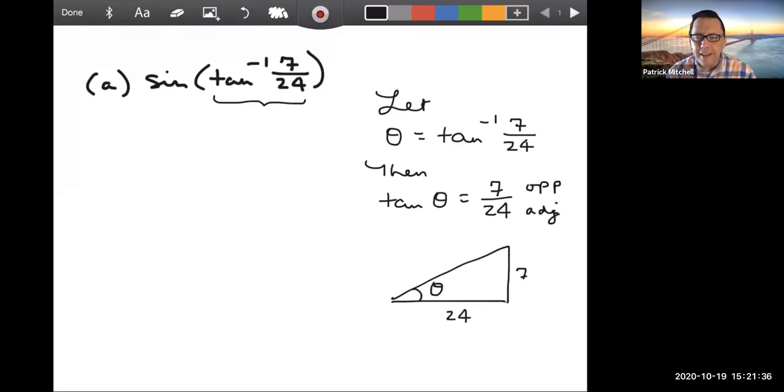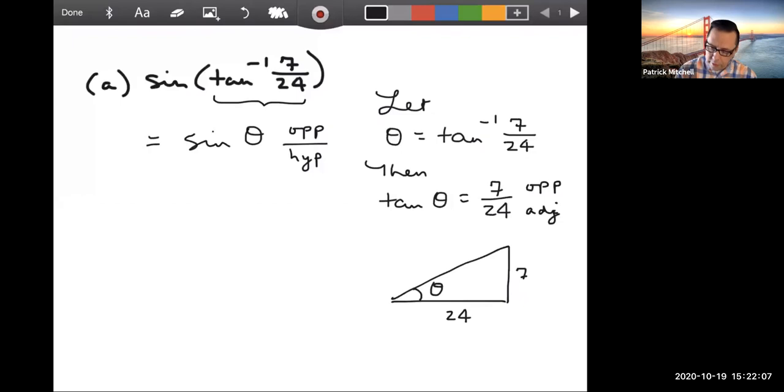Let's talk for a minute about what we are trying to find. We're trying to find the sine of the inverse tangent of 7/24, but now we are calling the inverse tangent of 7/24 theta, so we're trying to find the sine of theta. The sine is the opposite over the hypotenuse, so we need to find the hypotenuse.